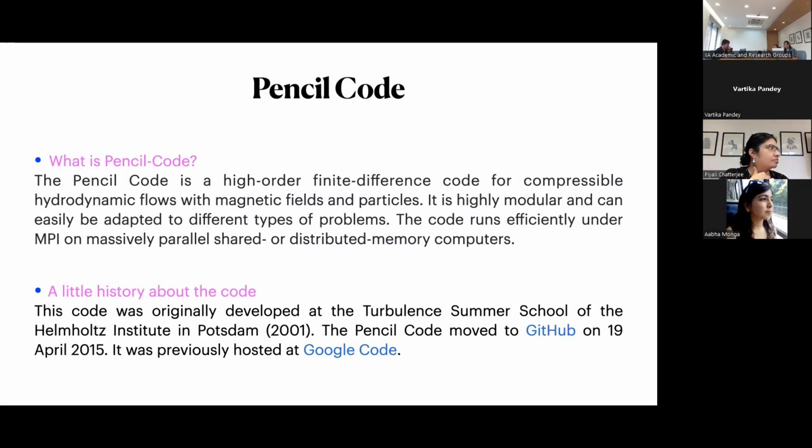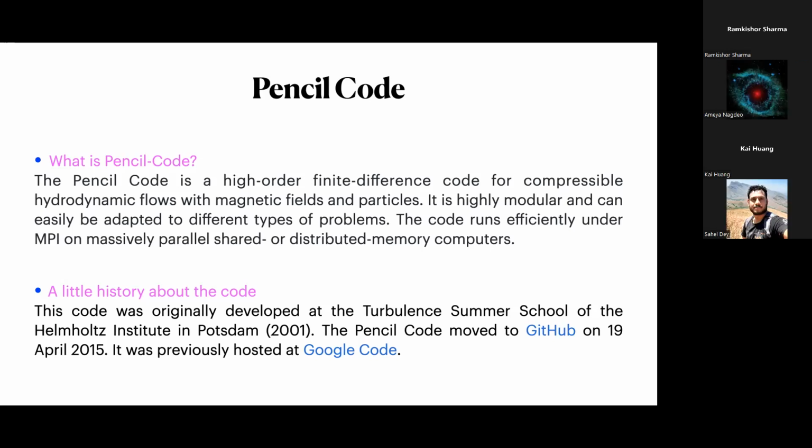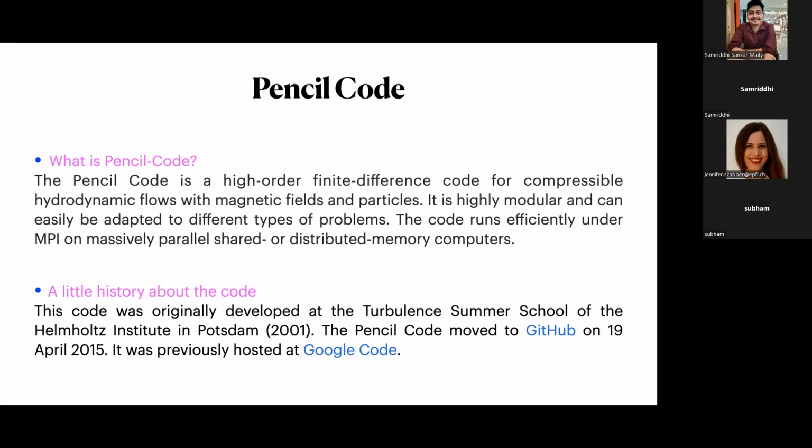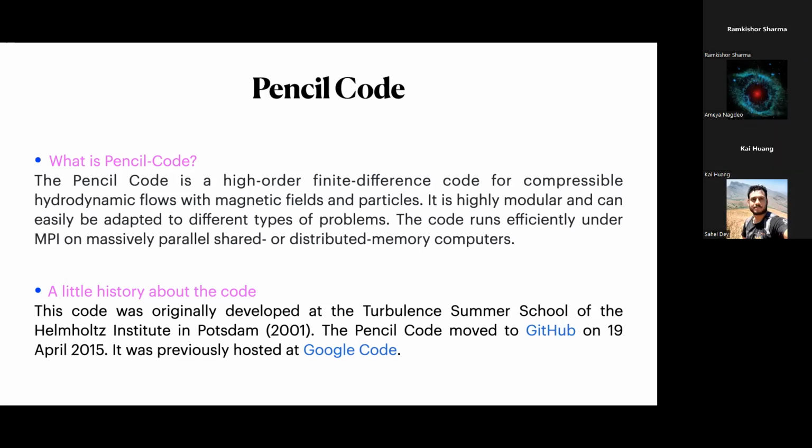It is a parallel, shared and distributed memory code, and it uses MPI. It was originally developed at the Turbulence Summer School, as PLD already mentioned, and in 2015 the code moved to GitHub. It was previously hosted on Google Code.